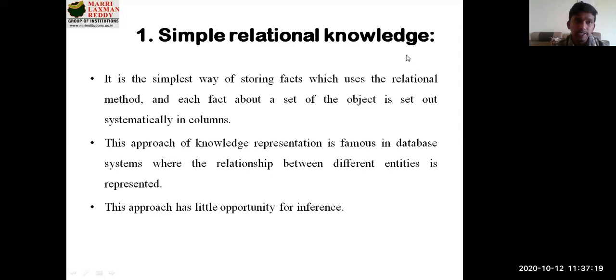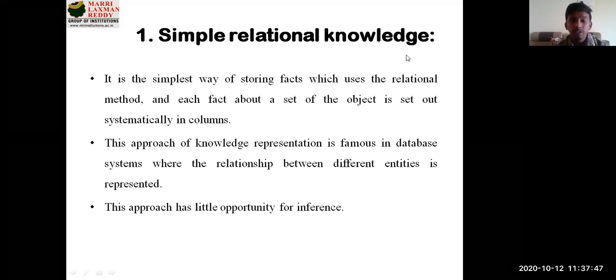This is basically similar to RDBMS or SQL, which you learned in the previous study. So in the same manner, we will try to understand simple relational knowledge with respect to Structured Query Language. This approach to knowledge representation is famous in database systems, where the relationship between different entities is represented. So we'll have various entities and we'll try to represent how they are related.